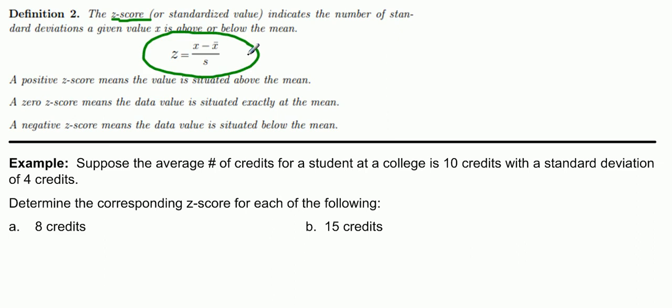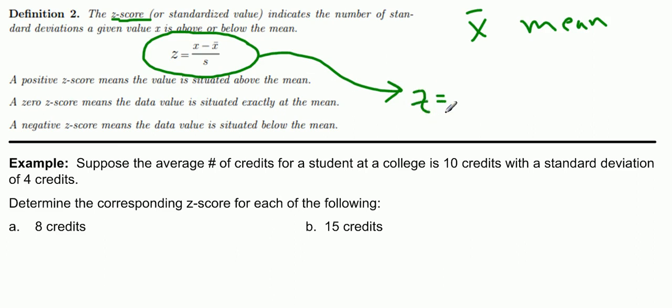Now, it's got some symbols in it. We've talked about this x bar before, which is the mean. And I think an easier way to think about this formula rather than symbols is to think of it in terms of words. It's the data value itself.